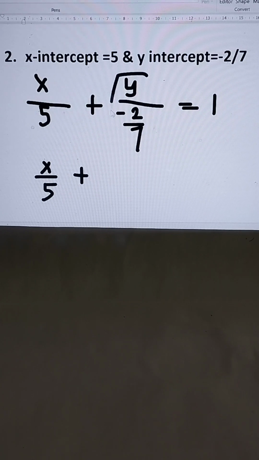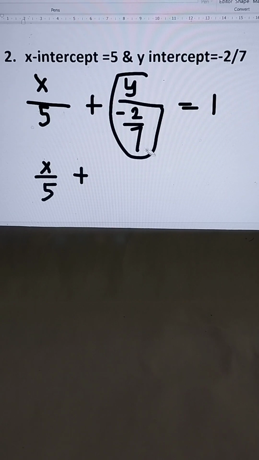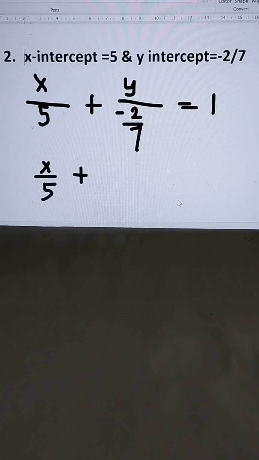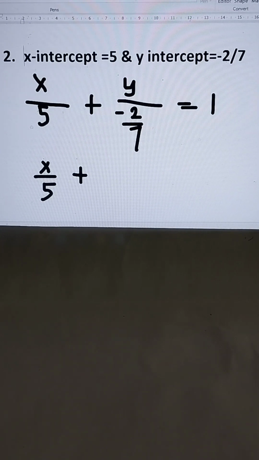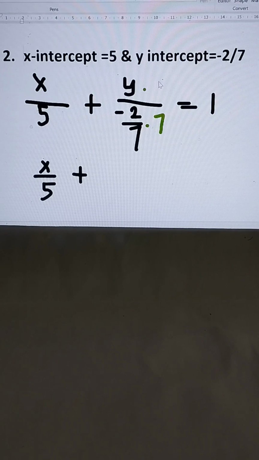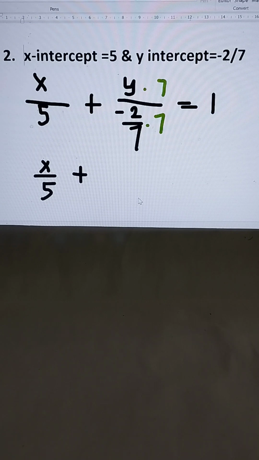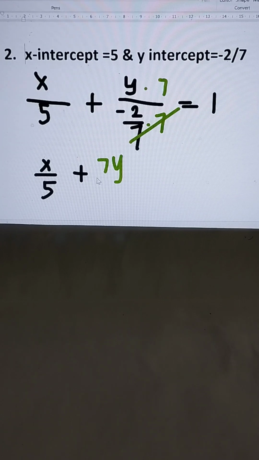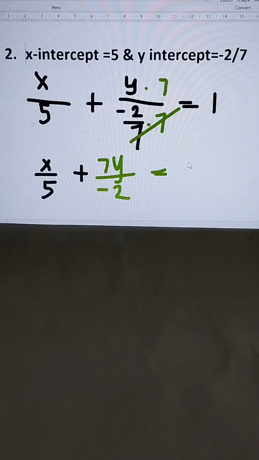We will change this into a single fraction because this is a complex fraction, as the denominator contains a fraction. So we multiply both the numerator and the denominator by the LCD 7, resulting in 7y all over negative 2, equal to 1.